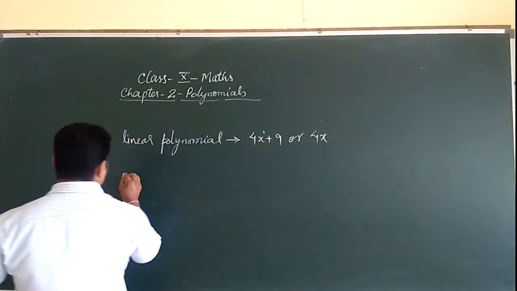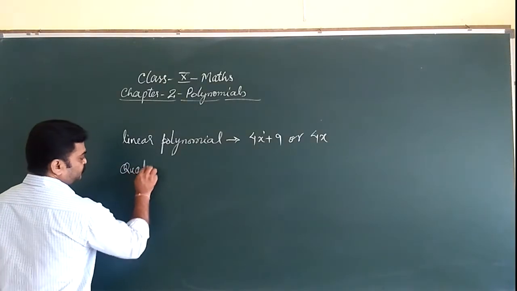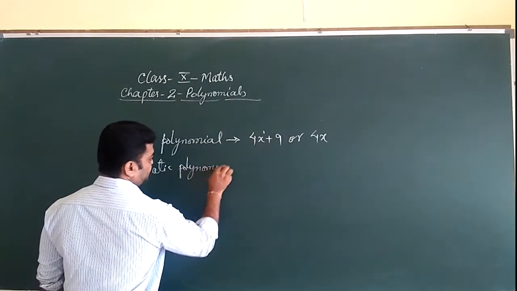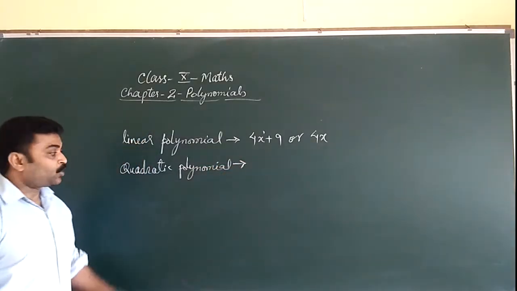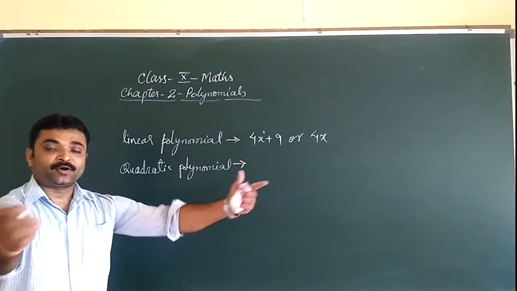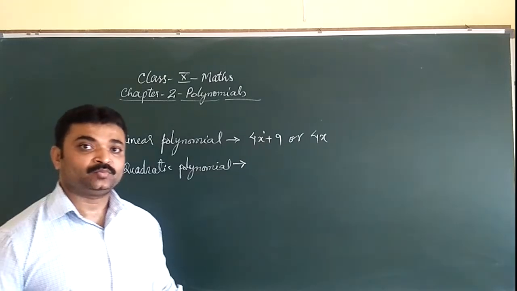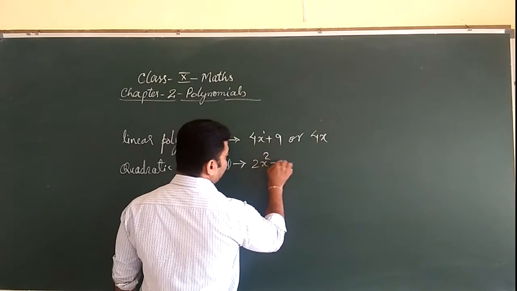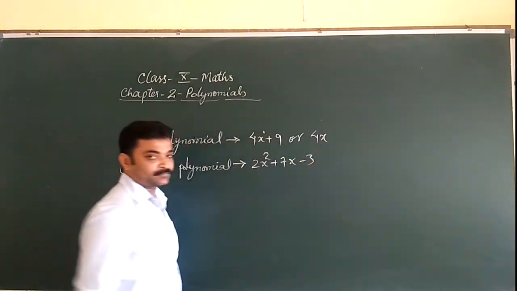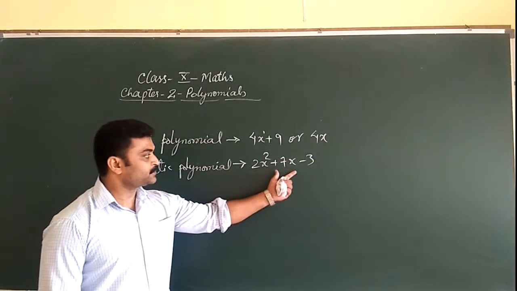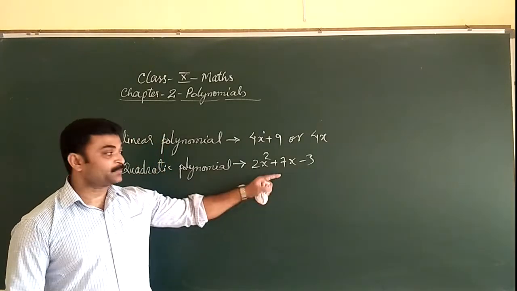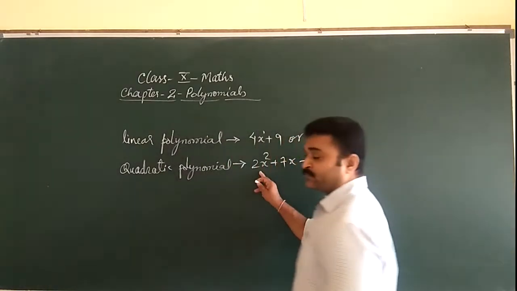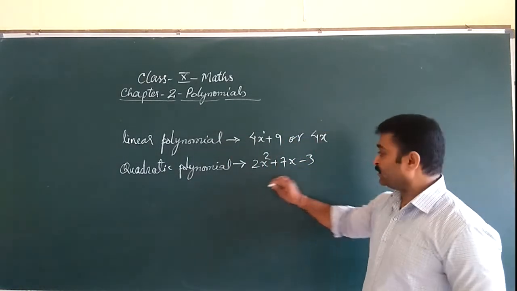Now, quadratic polynomial. Quadratic polynomial means a polynomial with degree 2. Suppose 2x square plus 7x minus 3. Here the degree, that means the highest power of the variable, is 2. Therefore, it is a quadratic polynomial.